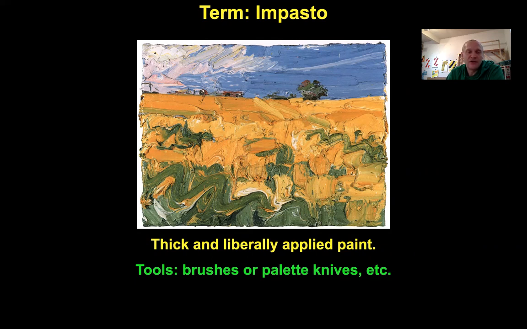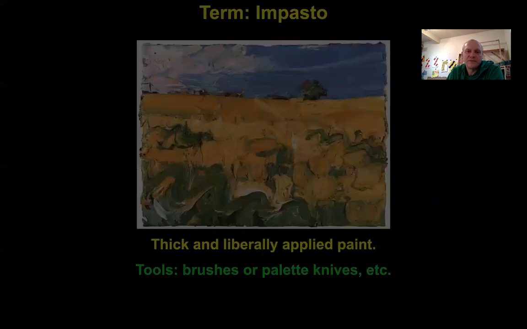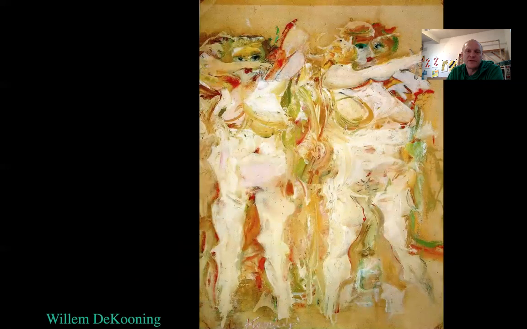You can see how chunky it is. That's coming off the edge of the canvas, just kind of everything. It's real material use of the medium. We've seen his work before. Impasto, thick.